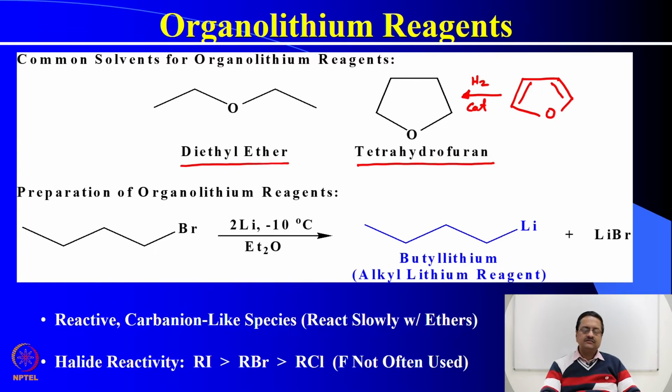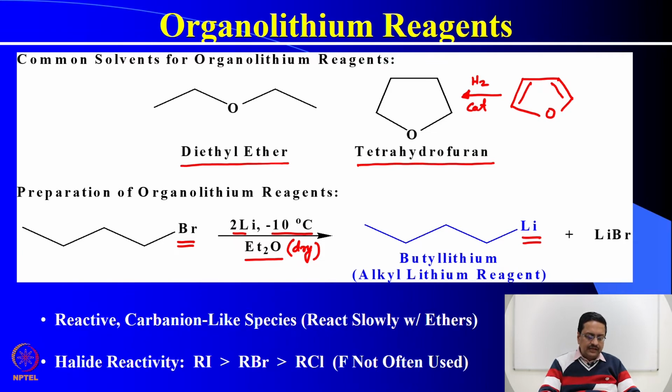So when you use this dry solvent, the dry diethyl ether with lithium at minus 10 degrees centigrade, an alkyl halide gets converted to the corresponding alkyl lithium compound. Here it is butyl lithium compound. Remember that this butyl lithium compound is highly moisture sensitive, therefore the reaction has to be done under nitrogen atmosphere in a very dry condition.